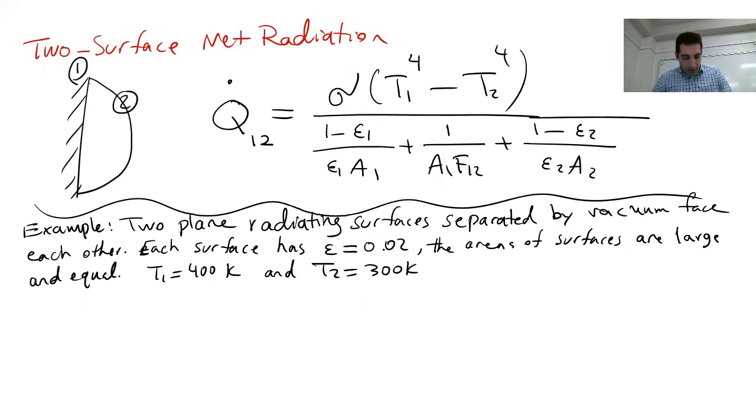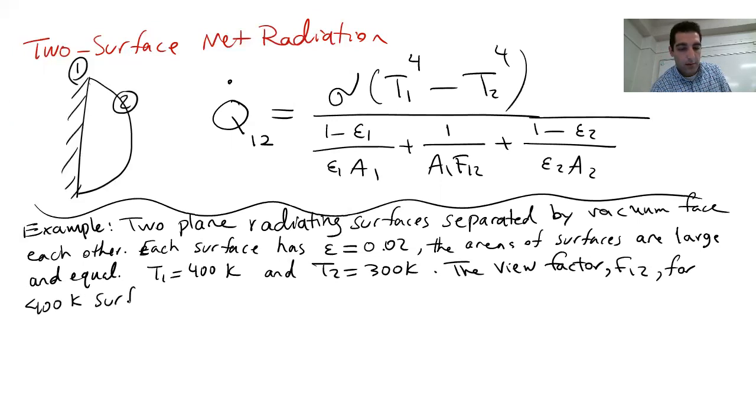The view factor F12 for the 400 Kelvin surface is 1. By the way, maximum view factor is 1, right? View factor goes from 0 all the way to 1.